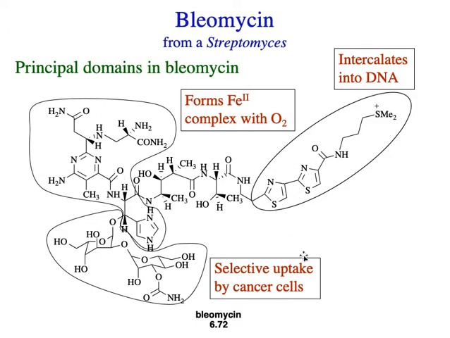And it has a couple of sugars hanging on the side here, and so it can intercalate into DNA. And because it has this disaccharide structure, the cancer cells can think it's food. It has this, which looks like folate, the cancer cells can think it's food.